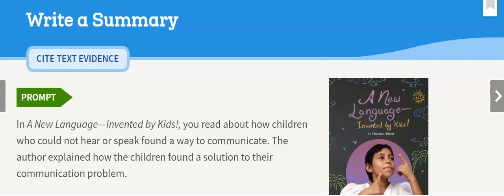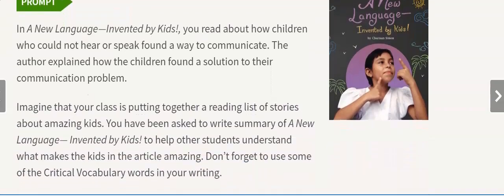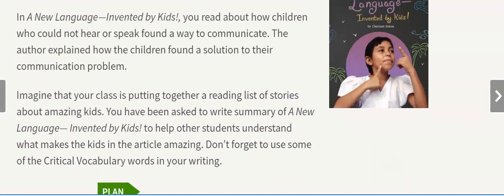The reason I wanted to go through this anchor chart is because you are going to be assigned the summary. You are going to write a summary, which means you need to do this right here, prompt. In A New Language Invented by Kids, you read about how children who could not hear or speak found a way to communicate.